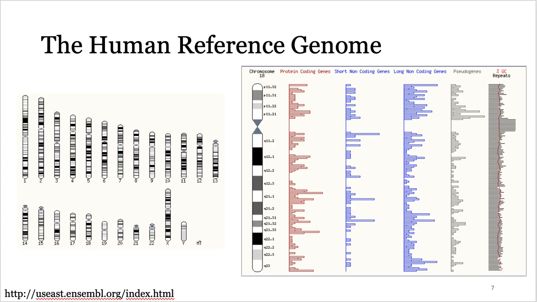So when we look at the genome and pick one of the specific chromosomes, for example chromosome 18 here, this figure gives us an idea of the density of genes and the density of some non-coding genes on this chromosome. The first thing is that if you look at the centromere, there's no protein coding gene in that region.